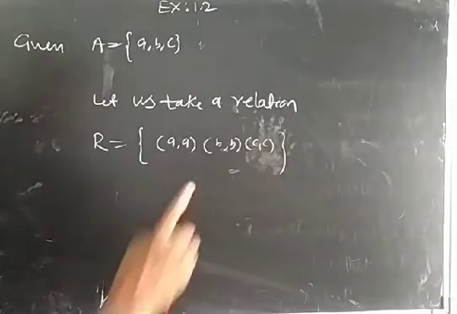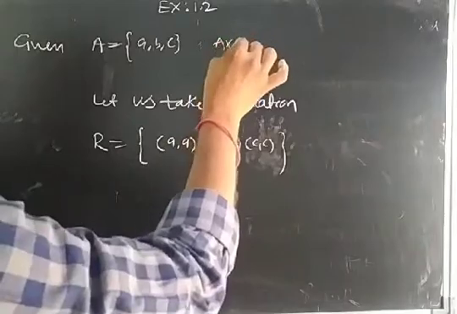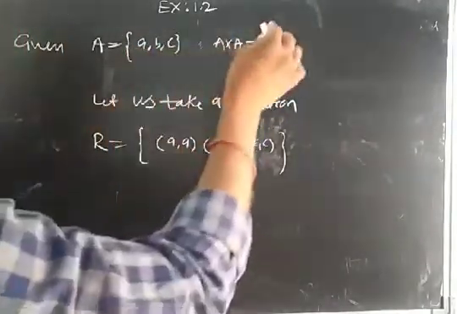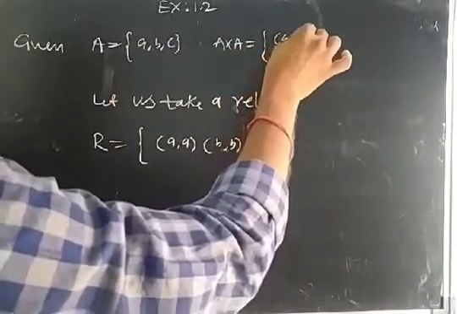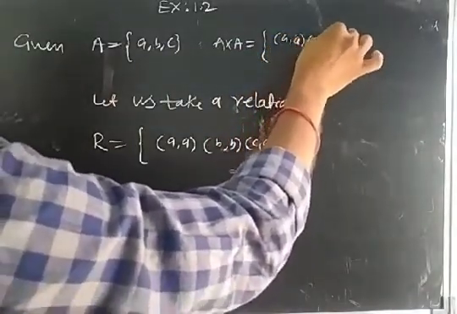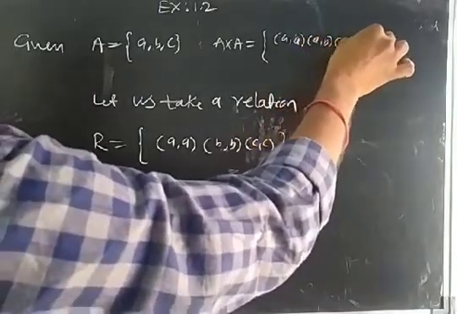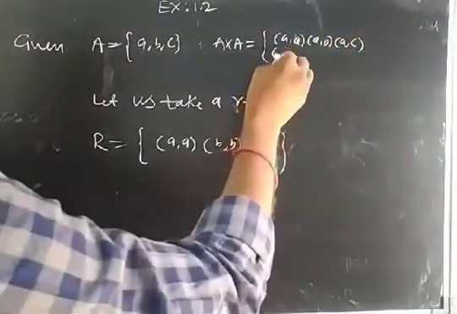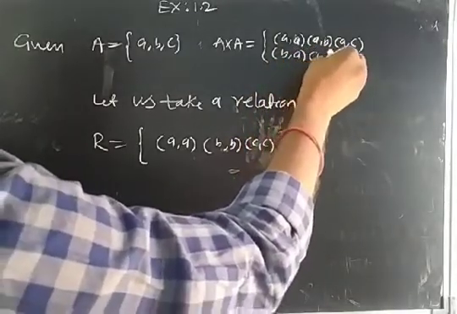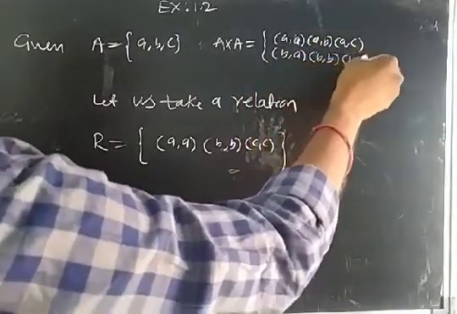Okay, that's it. Before that, we should find A cross A. How many elements exist in A cross A? With A first: (A, A), (A, B), (A, C) are possible, right? Next, by keeping B first: (B, A), (B, B), (B, C).